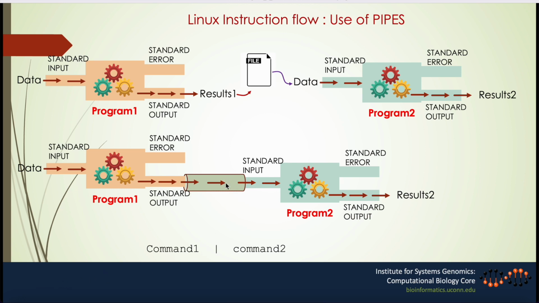The way these pipes are represented in commands is with vertical lines. If you see two commands separated by a vertical line, for example command 1, vertical line, command 2, that means the output of command 1 goes as input to command 2, or the input for command 2 comes from command 1.